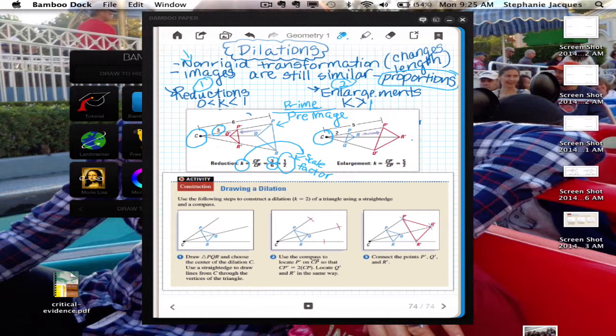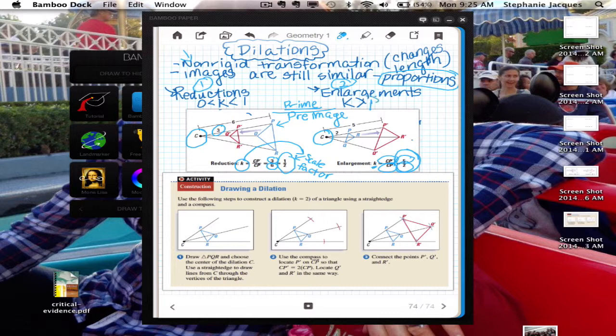And this one was an enlargement, and the way they found that out was they have CP, so you start with your prime, CP prime, start with that, it's on top, is 5, and then you have CP on the bottom, which is 2. And looking at this, 5/2 is our scale factor, and so let's check it out.